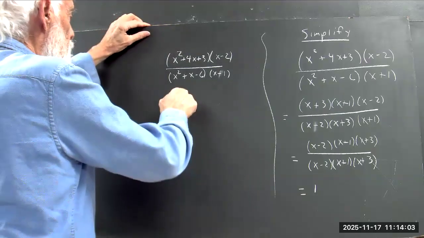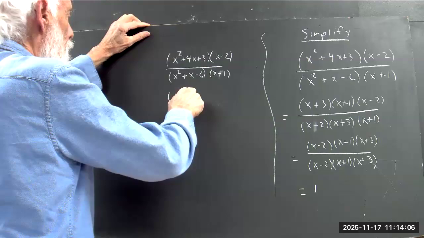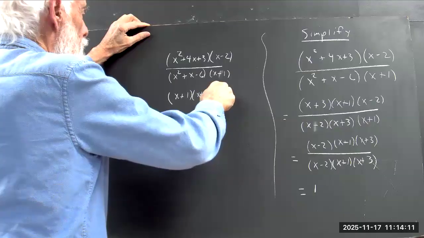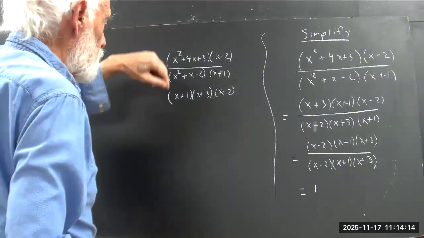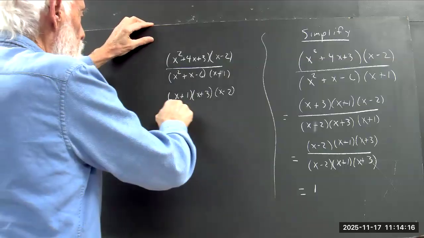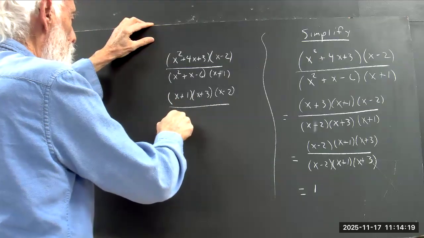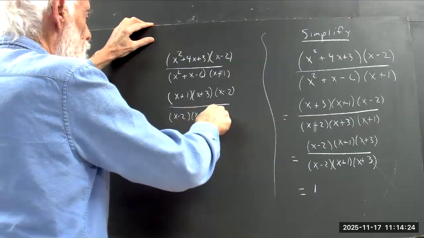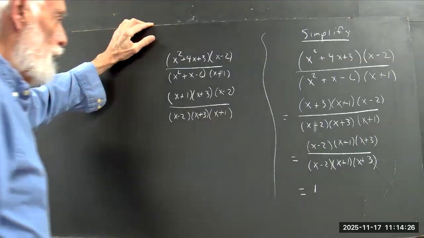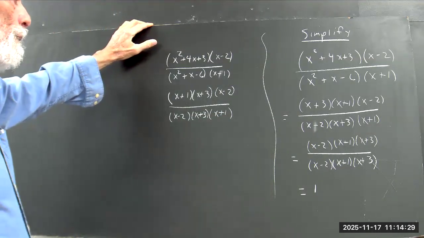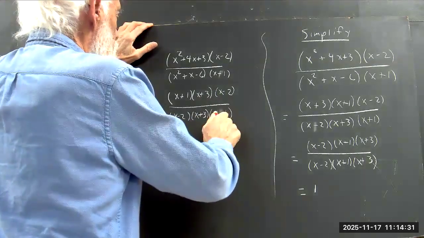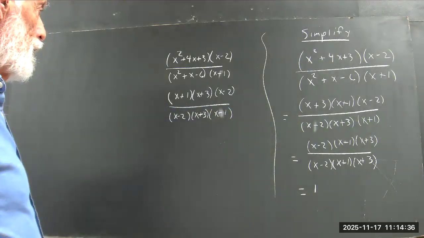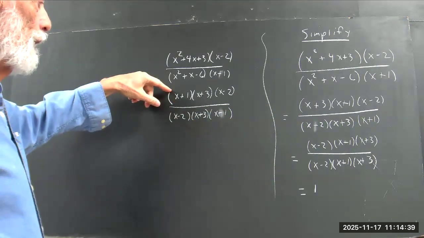X squared plus 4x plus 3 factors into x plus 1 times x plus 3 as before. But now we have x minus 1 where we had x plus 1, so the x minus 1 is not going to divide the x plus 1.